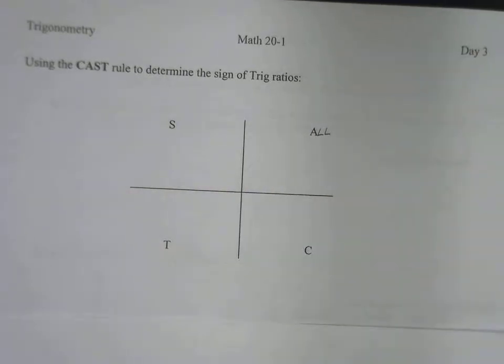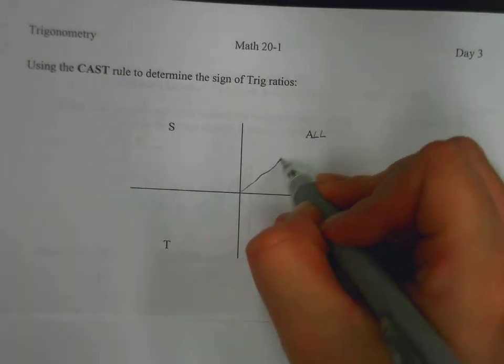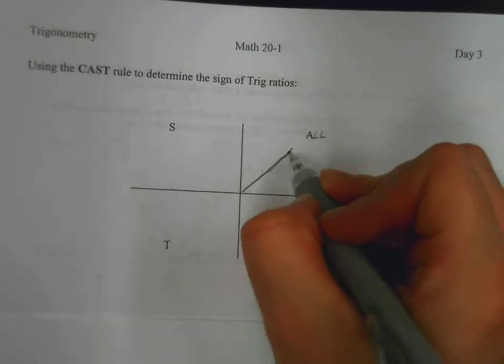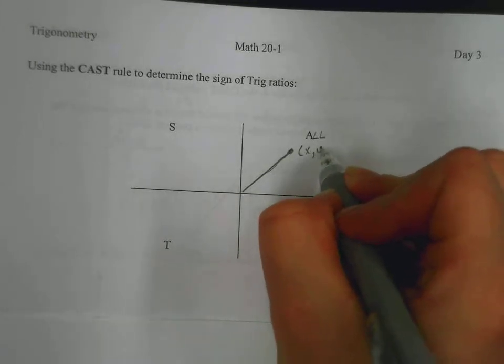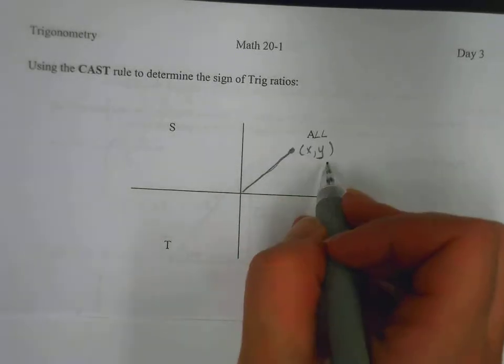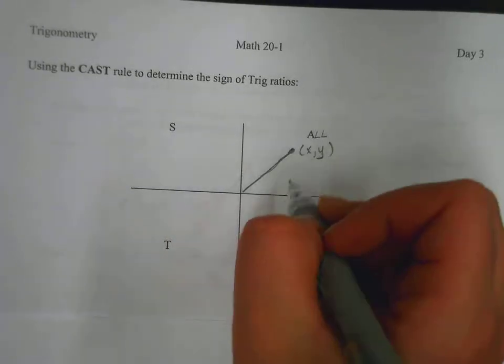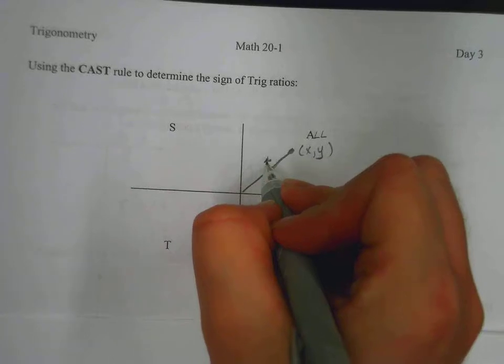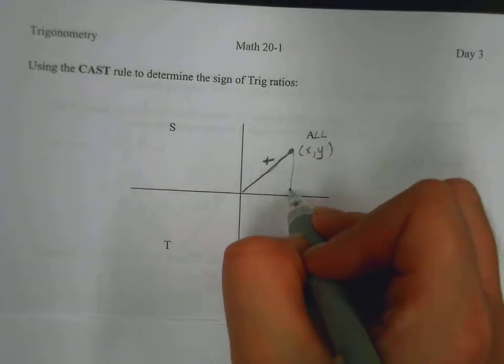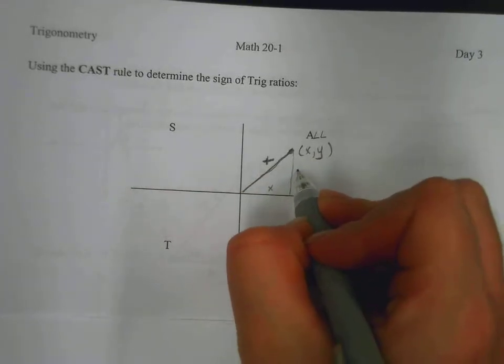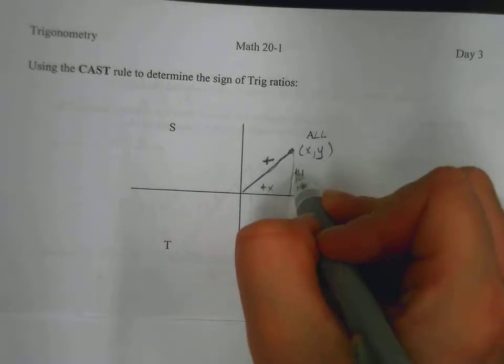So what that means is if I talk about this point in this coordinate, both my X and my Y values in this quadrant are going to be positive, which means my radius will also be positive, because using X squared plus Y squared, this is a positive and a positive.